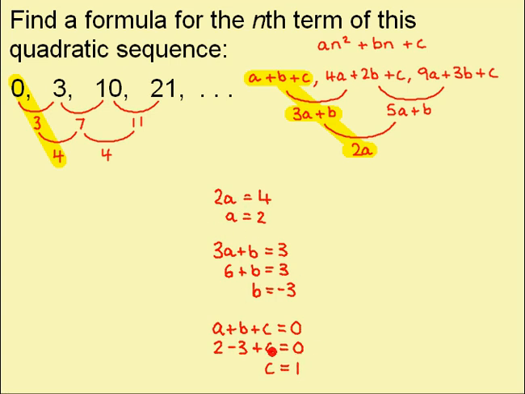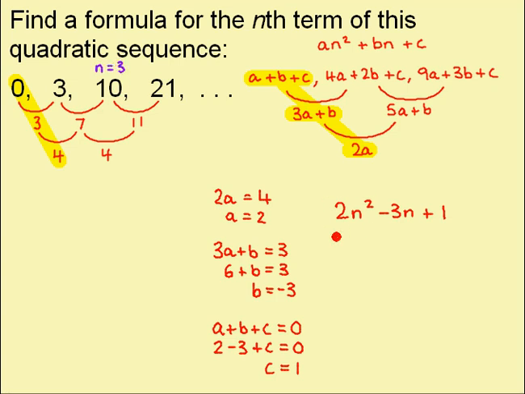Substituting these three values into this gives me 2n squared minus 3n plus 1, and this is the nth term of my quadratic sequence. It's always nice to double check your answer. What I'm going to do is check the third term of the sequence. So remember here, n equals 3.